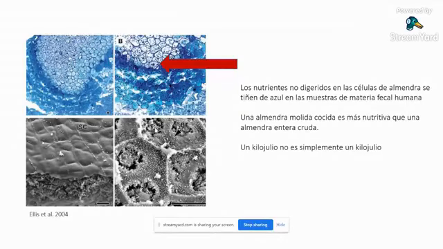In this case, it's almond cells from an uncooked almond, and we see the nutrients are still trapped in the robust plant cells, despite being consumed and passed. So it's very important to consider how foods are used.